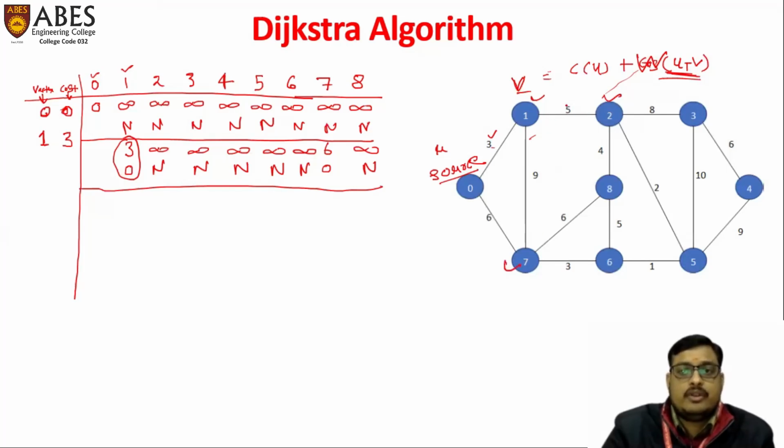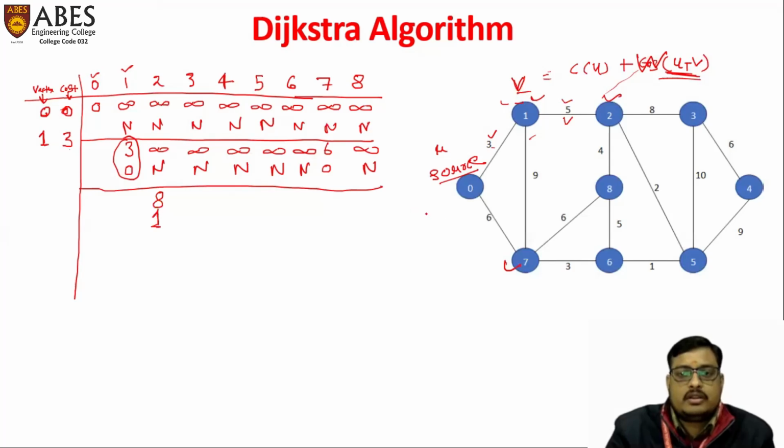The cost of 2 will be the cost of 1 plus the weight of 1 to 2. The cost of 1 is 3 and the weight of this is 5. So 5 plus 3 is 8. So we'll write here 8, and the source will be 1.